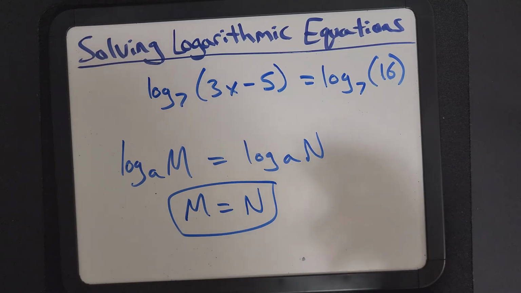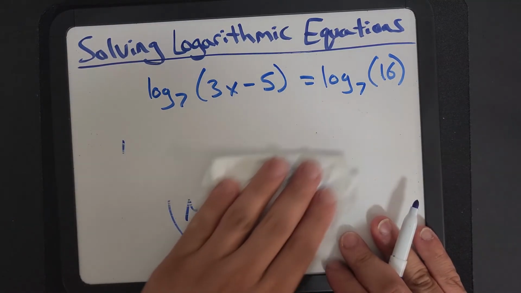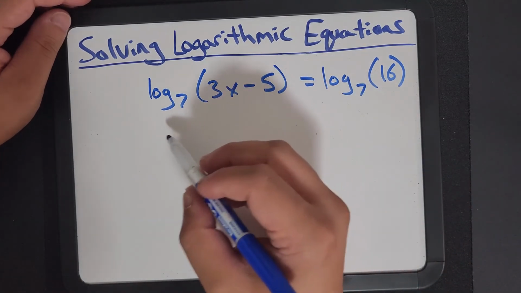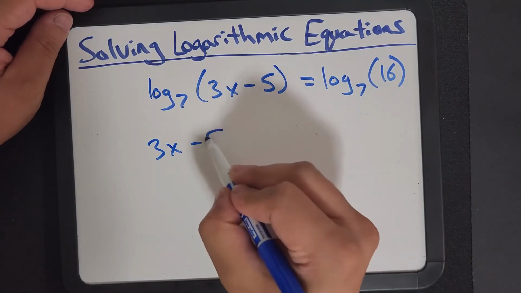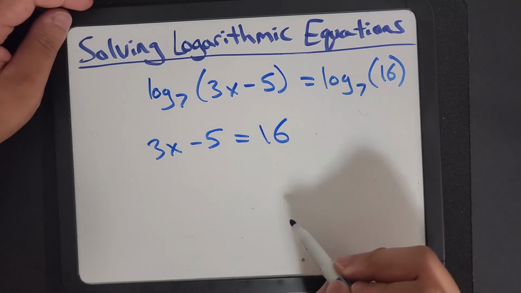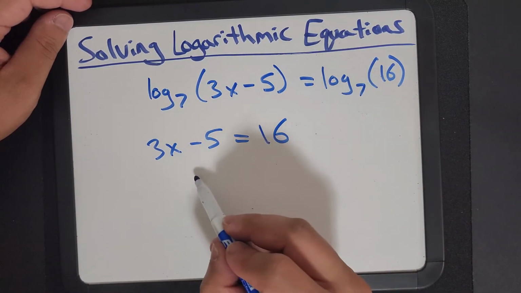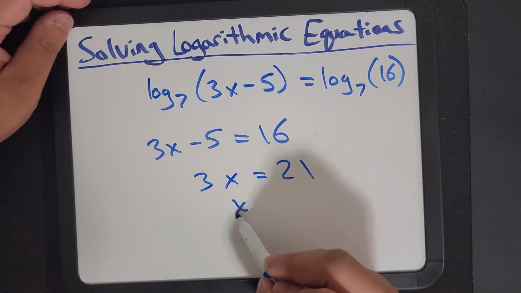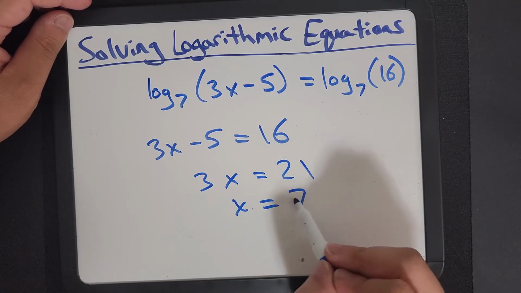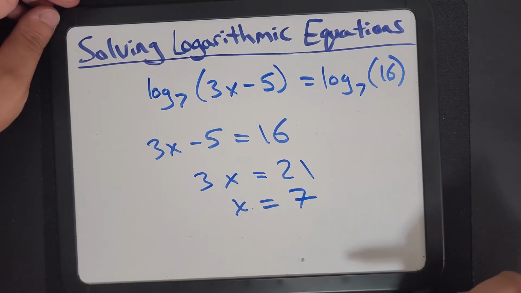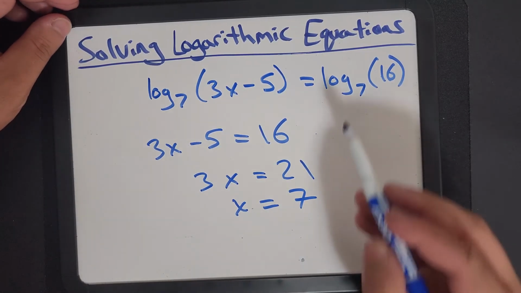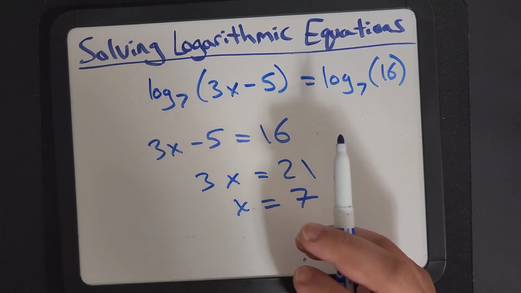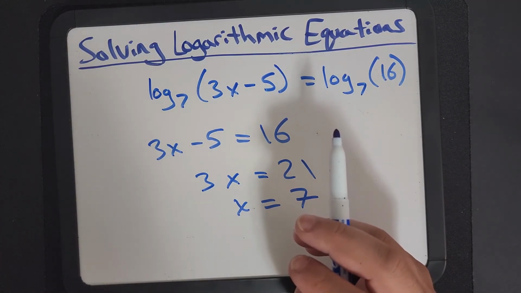That holds true in math. So in this case, same log base, so we can write 3x minus 5 is equal to 16. And then this is just simple algebra. I know that looks scary, but once you apply the rules, you have a cheat code.